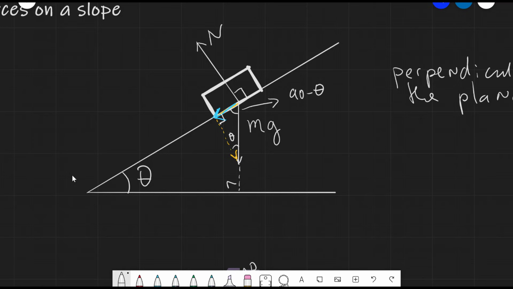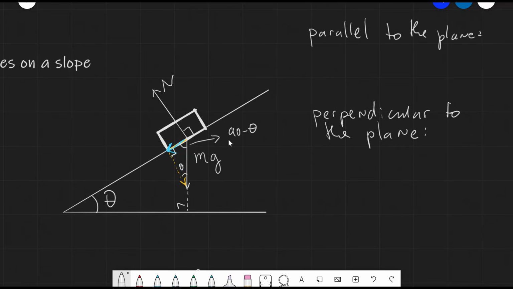Okay, well, using the knowledge that this angle here is theta, what we can say is that the component parallel to the plane is the opposite of the angle theta. So we can just say that the parallel component will be sine theta mg, or we can just say that as mg sine theta.